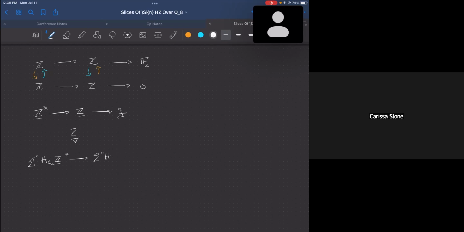So for example, I think it goes Z dual, and Z dual maps, this is for C2, to Z. And then that quotient is G. So Z dual to Z to G. Yeah, I got this backwards, sorry.